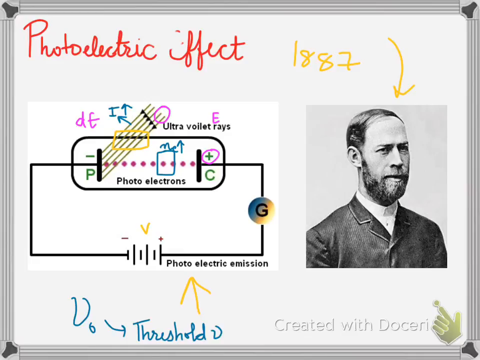So what was happening here was that if we consider light to be an electromagnetic radiation, then this light has a wave nature, right? And this wave has a frequency, let's say mu. If this mu was greater than a certain mu naught, then the photoelectric effect would happen.